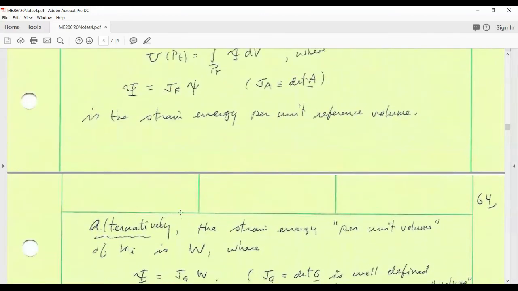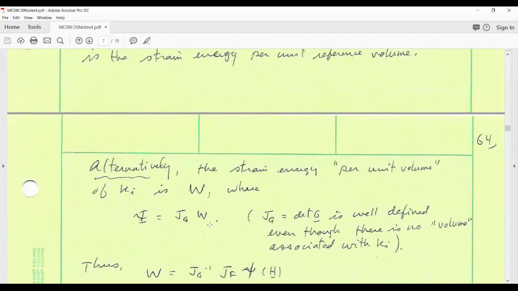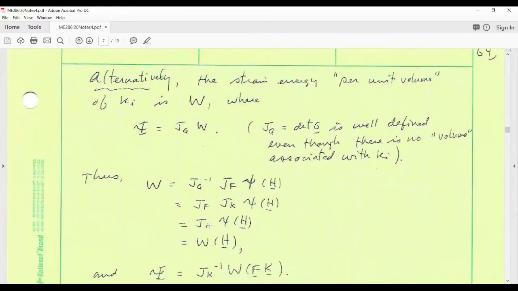So then this would define, just as capital psi here is related by J_F to the strain energy per unit current volume, the same capital psi would be related by J sub G to a strain energy per unit intermediate volume, in quotes, even though there's no volume. This definition still makes perfect sense mathematically.